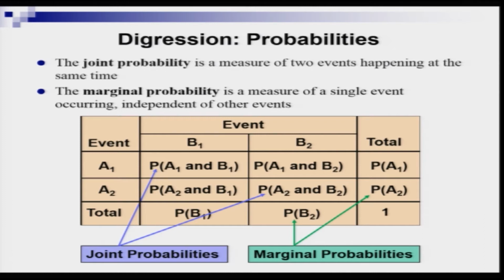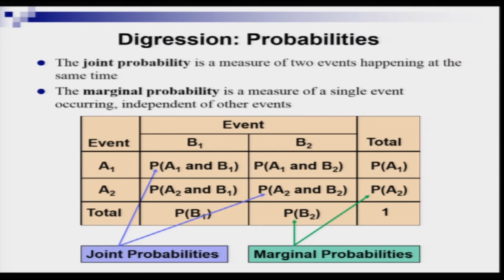What is a marginal probability? Marginal probability is a measure of a single event occurring independent of other events. So, if we are talking about an event A1, what is the probability that the A1 event will occur? That is basically the marginal probability.